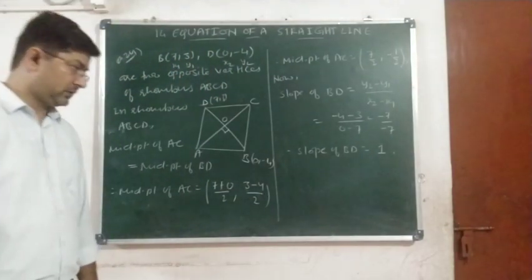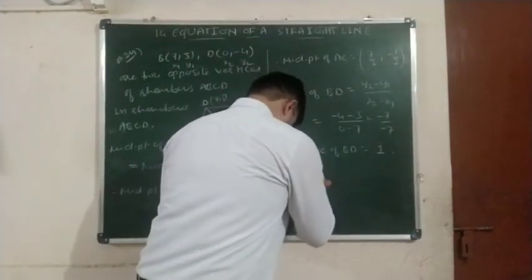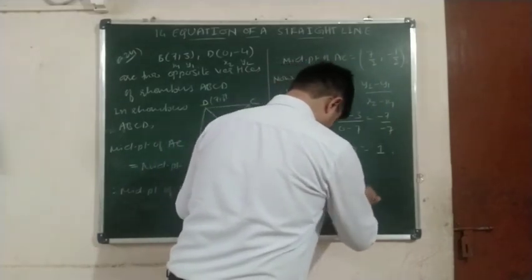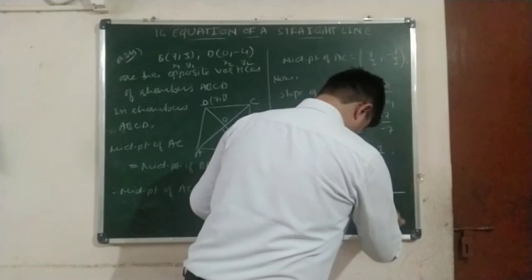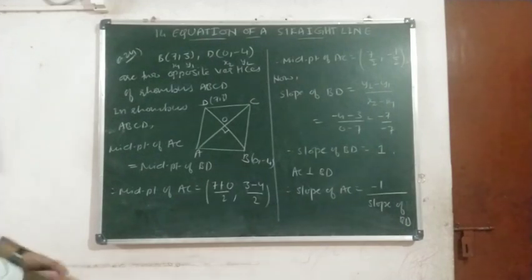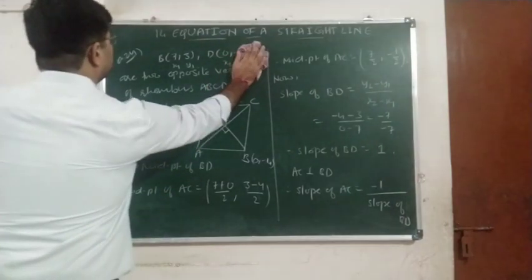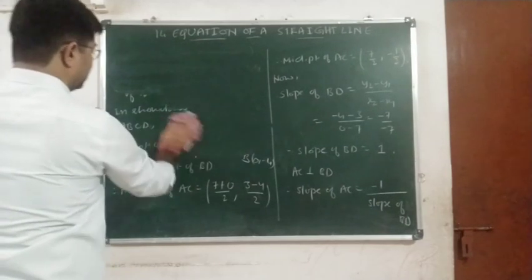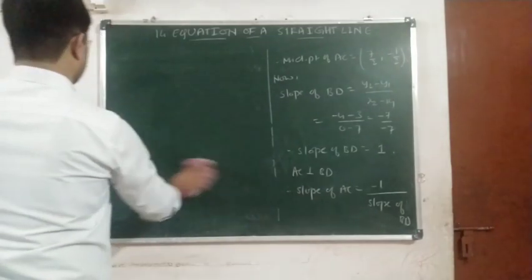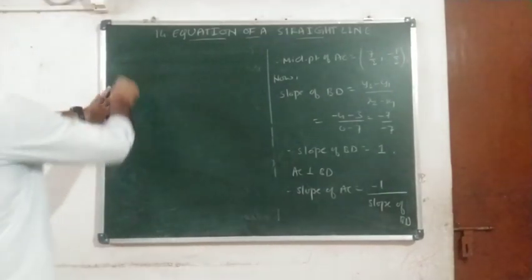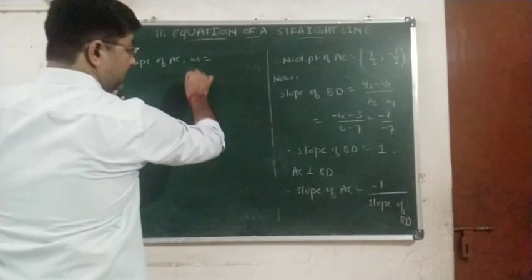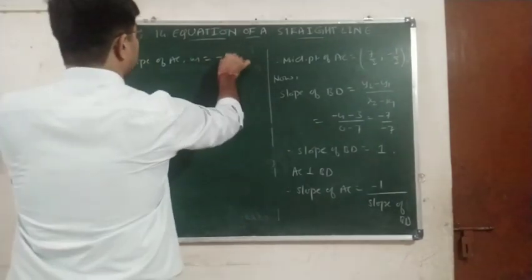Now AC is perpendicular to BD. Therefore slope of AC is given by minus 1 upon slope of BD, and therefore slope of AC, denoted by m, is the negative reciprocal of 1, which will be minus 1.